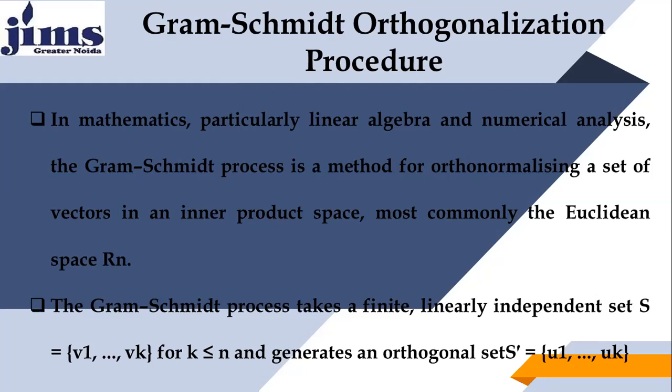Now, with the help of the vector set given to you, you have to find a second vector set that contains vectors that are orthogonal. So it is the process to find the orthogonal vectors from the given vectors.